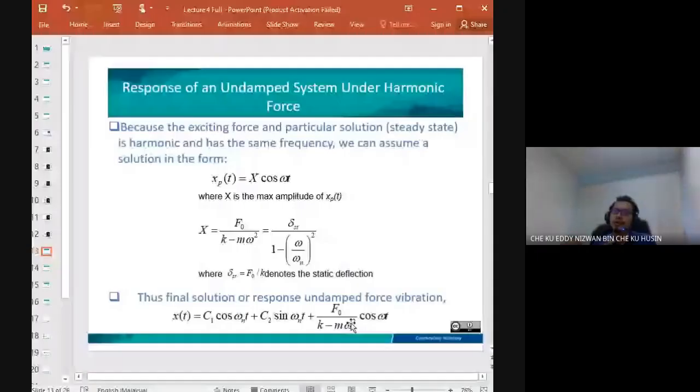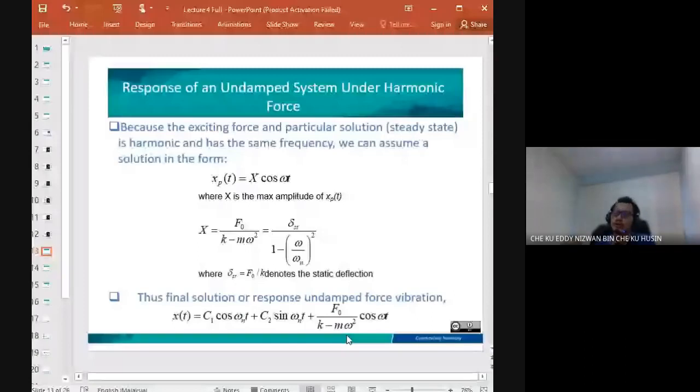Otherwise, if you cannot change the operating speed, sometimes when you go to industry and use a motor, there is no controller to control the speed of the motor, so you cannot change the speed, and then you can go for the other option, which is to change the natural frequency. The natural frequency depends on the stiffness and mass.